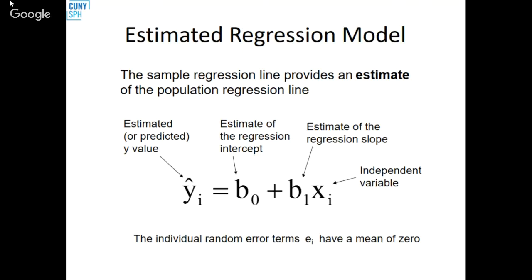So that was a population regression model. The estimated regression model looks like this. I'm now using lowercase values because these are for individual observations. The model is that a given predicted value of y is equal to this intercept plus the slope times the value of the independent variable for that observation. This hat means that it's estimated or predicted.